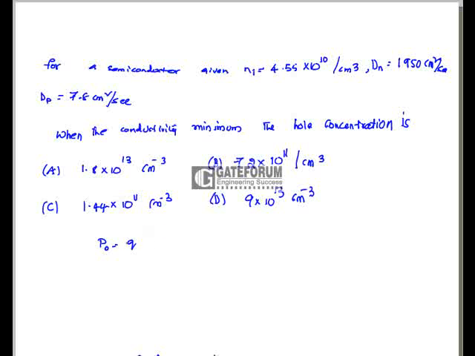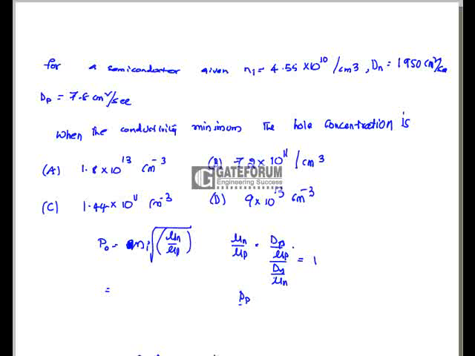This is Ni under root mu n by mu p. If we substitute the given values, mu n by mu p, dp by mu p and dn by mu n are the same, equal to Vt.